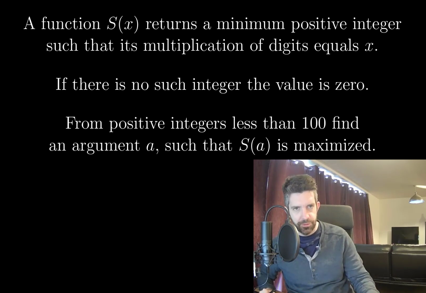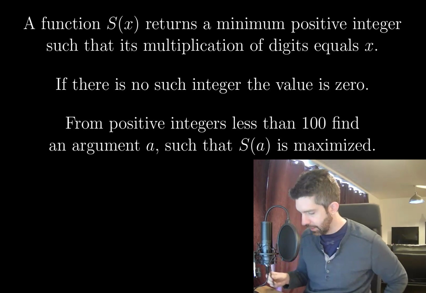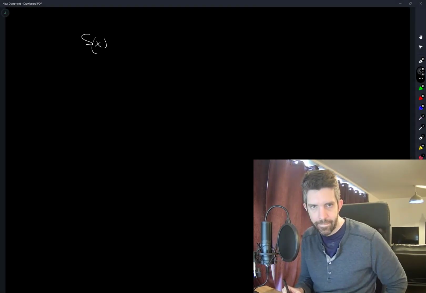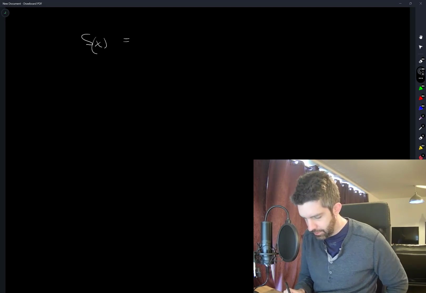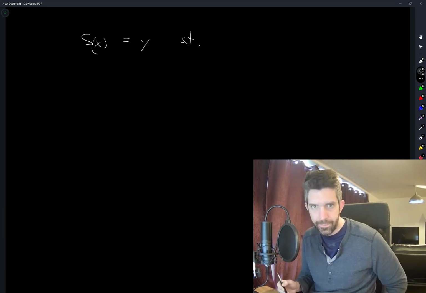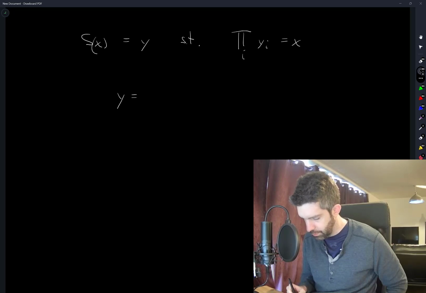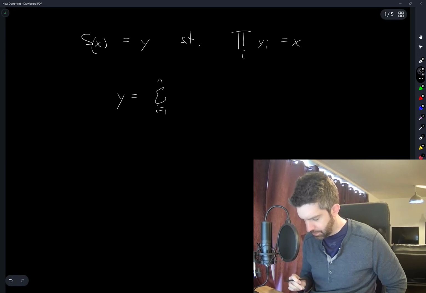First, let's try and figure out exactly what this thing is asking about. So s of x is equal to y such that the product of the digits of y is equal to x, where y is the sum of digits times 10 to the i.